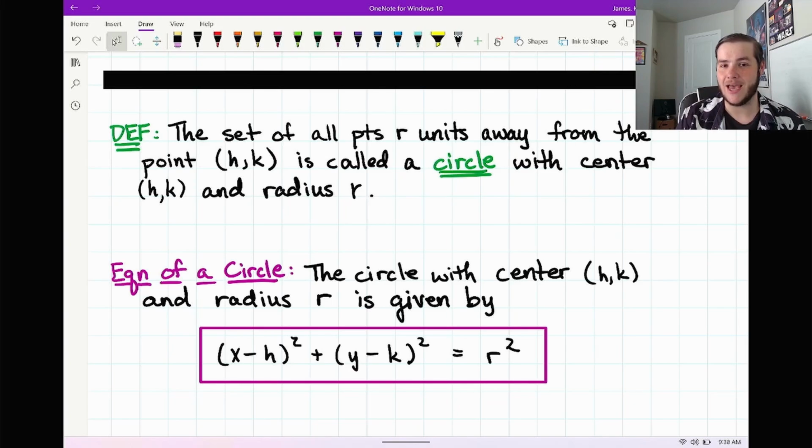This comes exactly from the distance formula. Remember, that distance is r now, that's the radius. Distance squared is equal to, I'm looking for all points x comma y that are r away from the point h comma k. Plugging h comma k into the distance formula and r in as the distance gives us this equation of the circle.